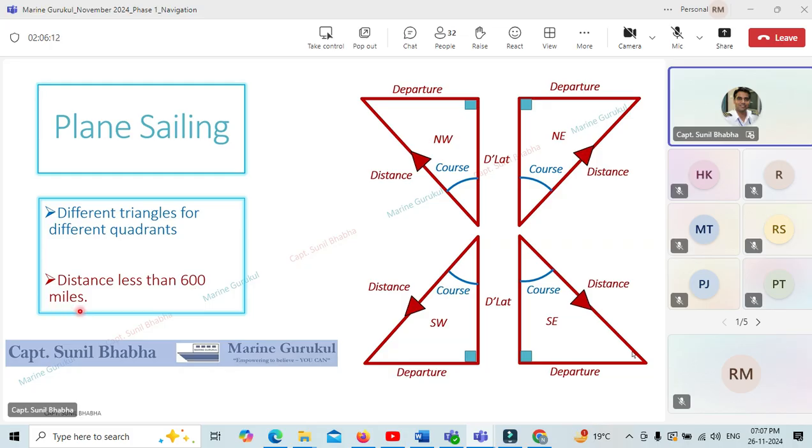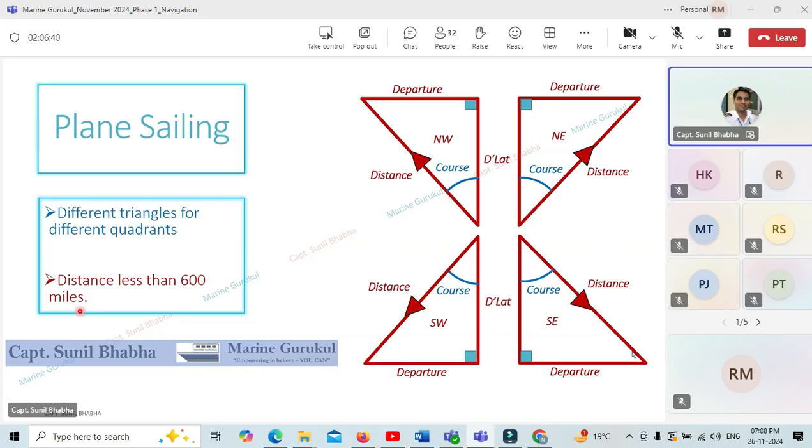The reason for that is when we are doing plain sailing, we are solving for courses and distances using plain trigonometry, but the vessel is moving on the curved surface of the earth, a 3D curved surface. So moving on a curved surface, we are using formulas meant for plane surfaces, or plane trigonometry. This is bound to bring in some error in our calculation.